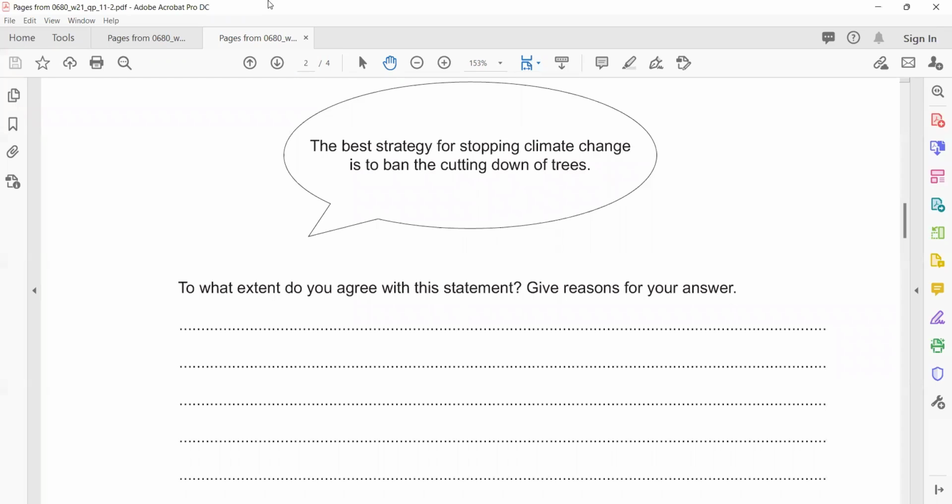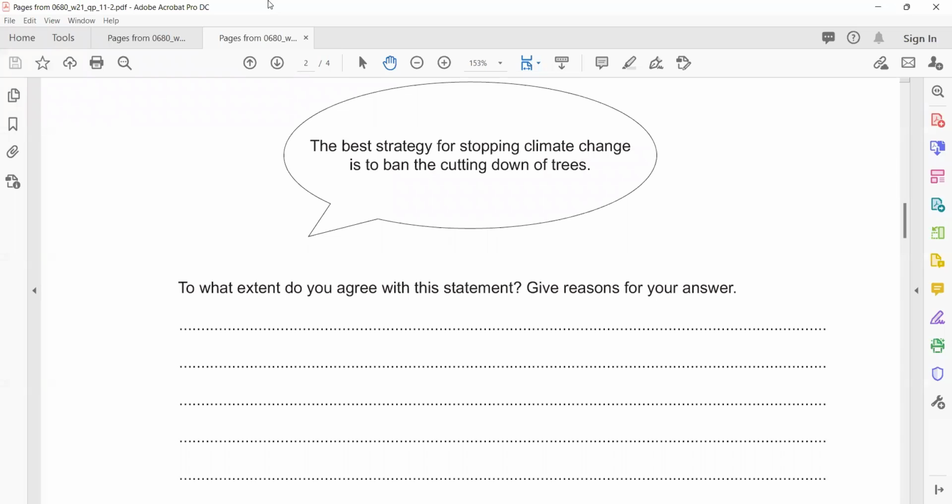Understand or not? So totally you should not ban. What you should do is ban the illegal cutting, which people are doing without government permission. And if you are cutting, you should plant new ones. So there are possible responses. Got it, Ola?